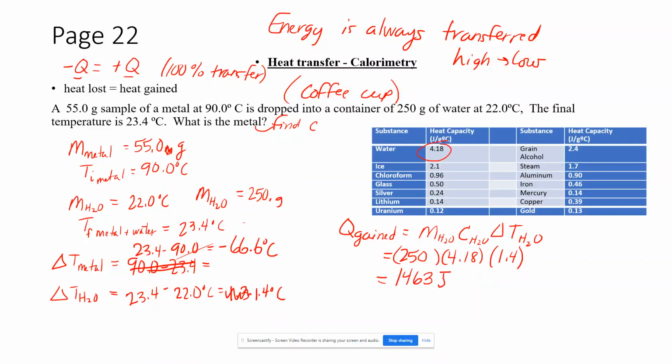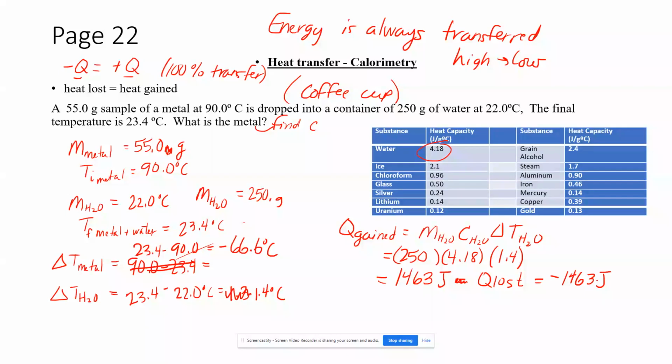Okay, where did this heat come from? It came from the metal. So the heat gained is equal to the heat lost, numerically, except that heat lost is going to be negative 1,463 joules.